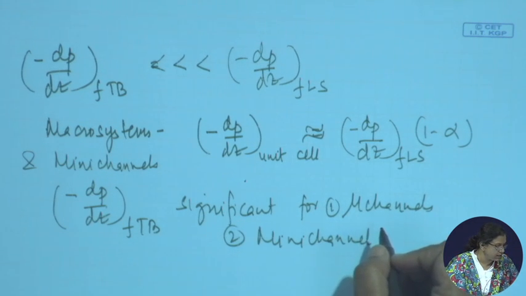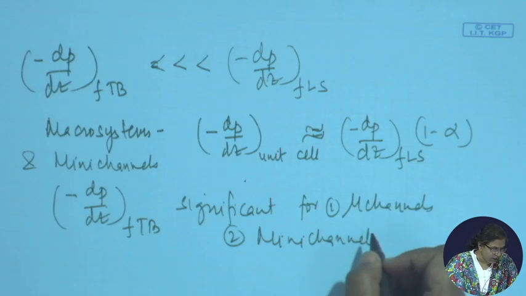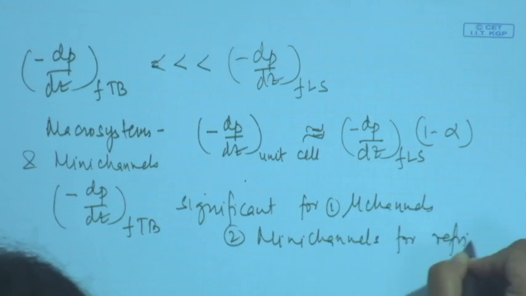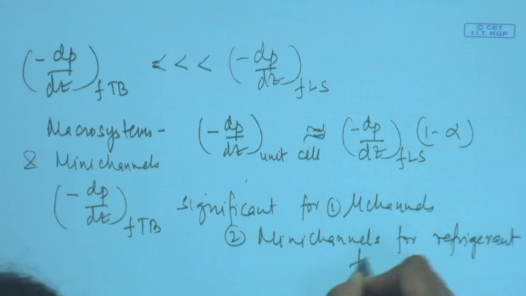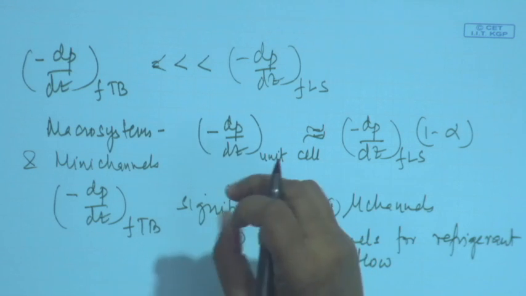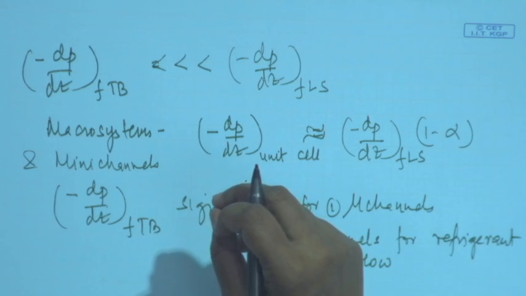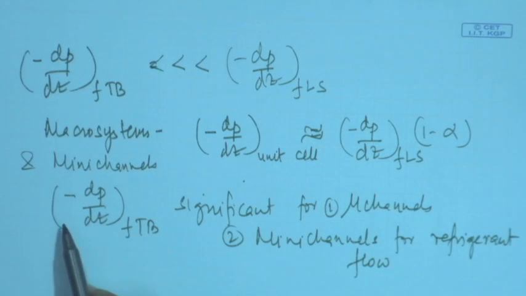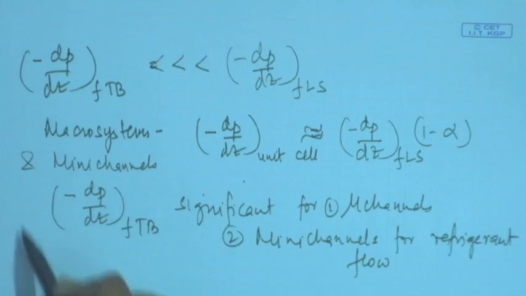For these two cases it becomes quite important, because in this case we cannot completely neglect the gas velocity and density as compared to the liquid velocity and density. So, for micro channels and milli channels during refrigerant flow, this particular term has to be considered, otherwise we can neglect this.